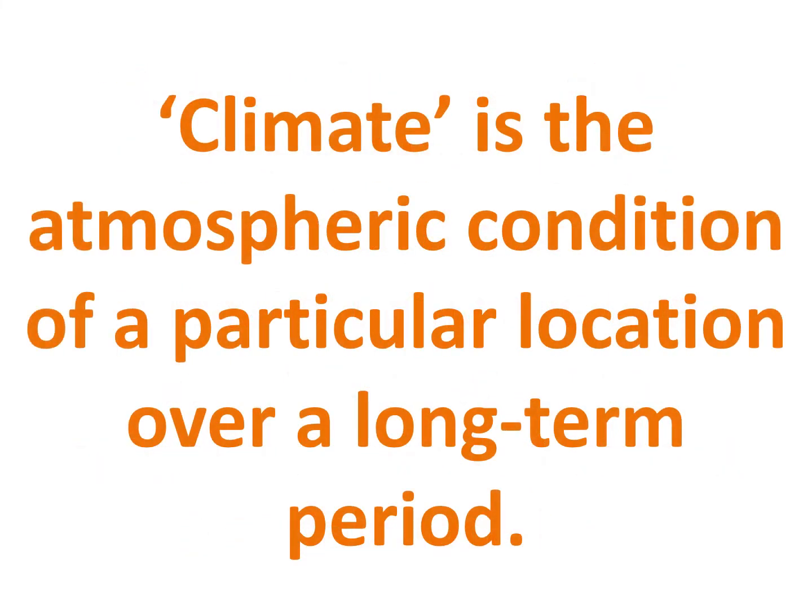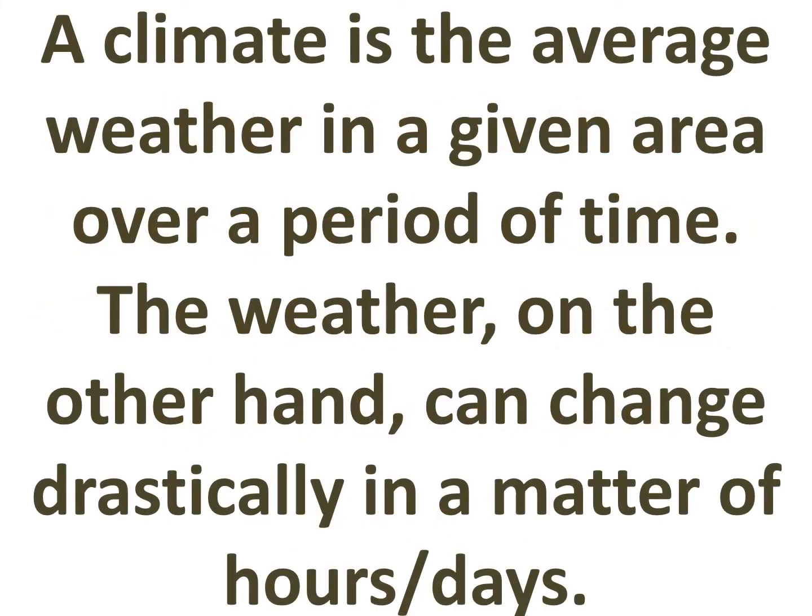Climate is the atmospheric condition of a particular location over a long period of time. It takes time. I repeat, climate is the atmospheric condition of a particular location over a long period. It means climate is the average weather in a given area over a period of time.